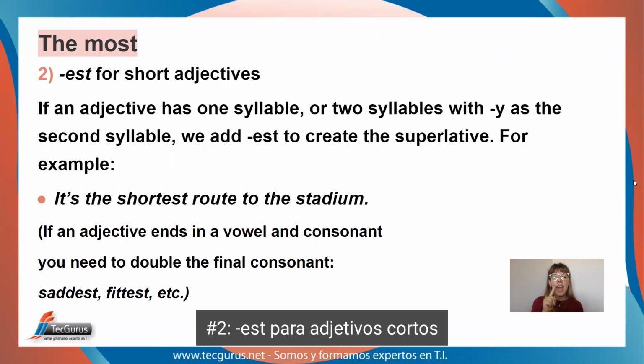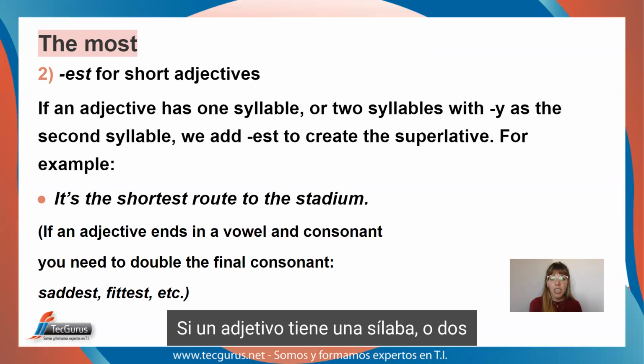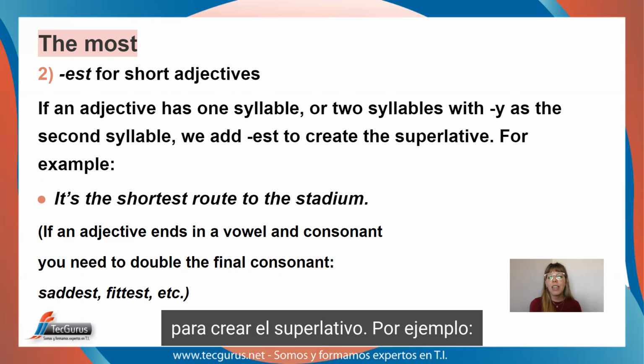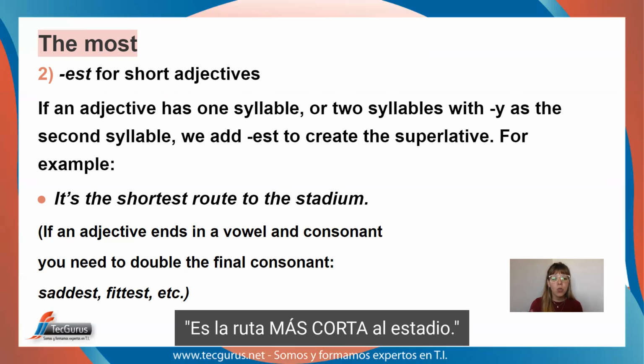Number two, EST for short adjectives. If an adjective has one syllable or two syllables with Y as the second syllable, we add EST to create the superlative. For example, it's the shortest route to the stadium.